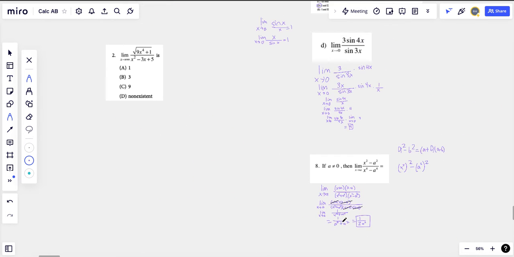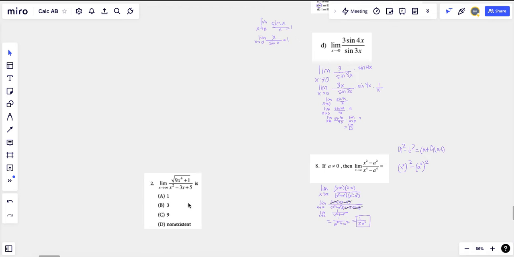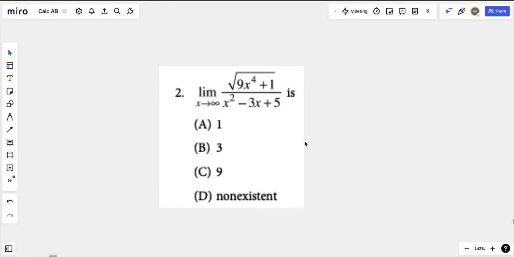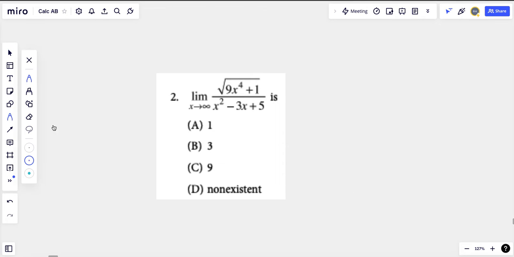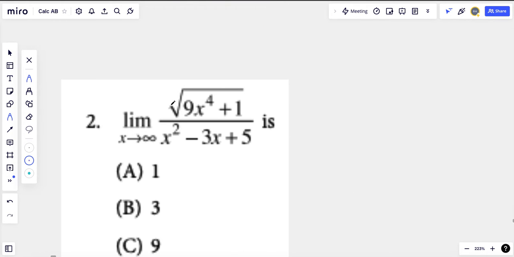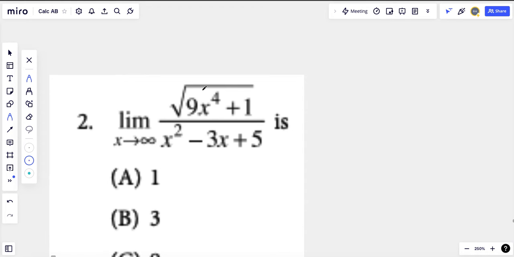Okay. And then the last question. So for this one, whenever you see a radical, for this type of question, you always want to make sure you're dividing by the highest power.